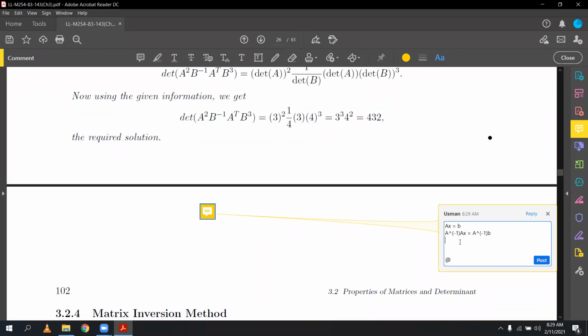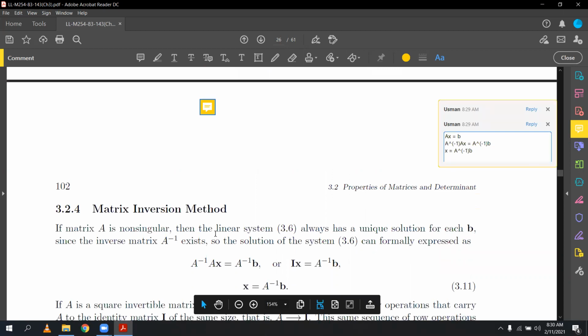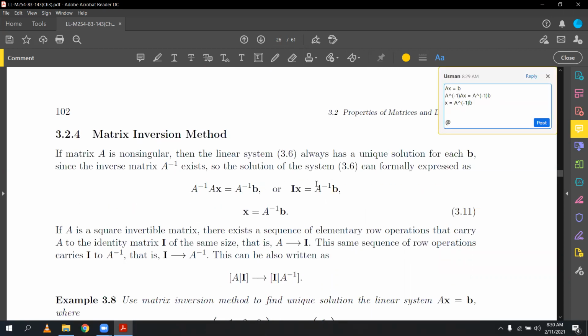A inverse A always equals the unit matrix I. So we simply say X is equal to A inverse into B. And we know in our case B never equals 0, the inverse exists, you simply multiply and you have the unique solution. And this type of method we call the matrix inversion method, but we are not using this one here. But you should remember that idea.